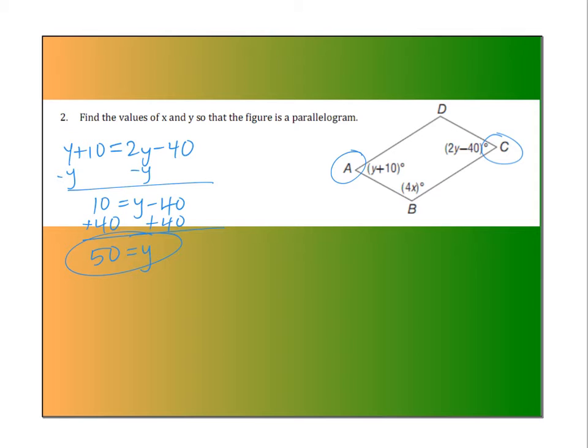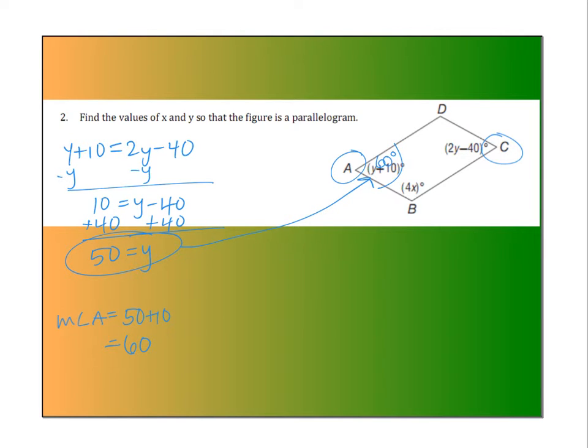Now, we still need to find x, and so to do that, I think we're going to have to plug in y. You can plug it into either A or C. I'm going to plug it in right here. So the measure of angle A is going to be 50 plus 10, or in other words, 60. So this corner is 60 degrees right in here. Remember, consecutive angles are supplementary.